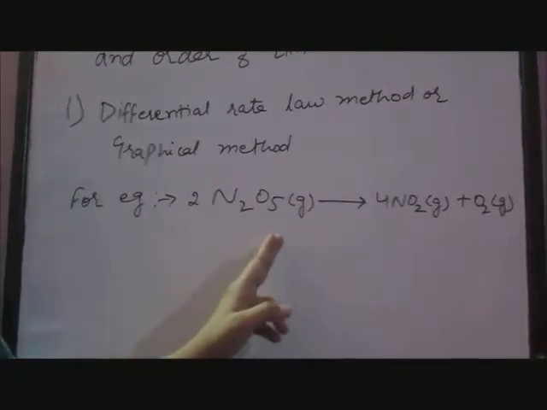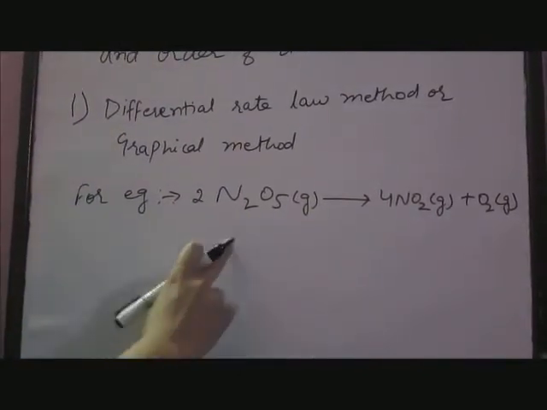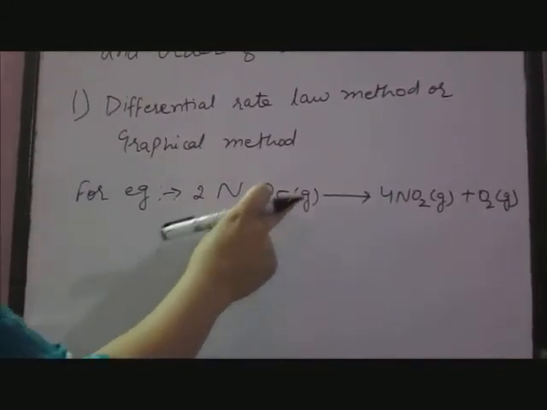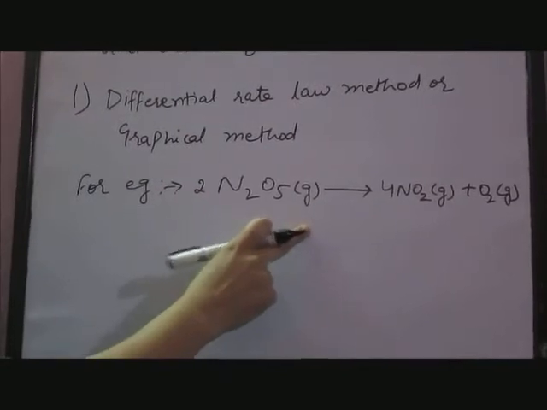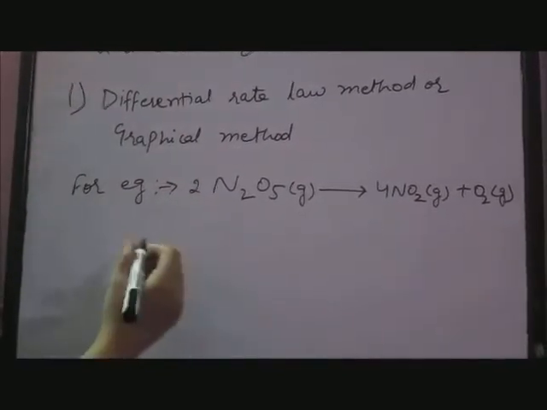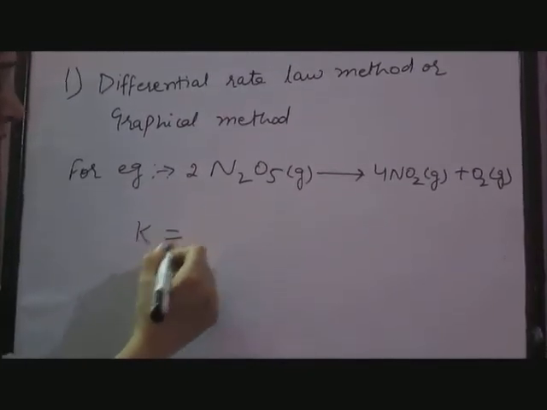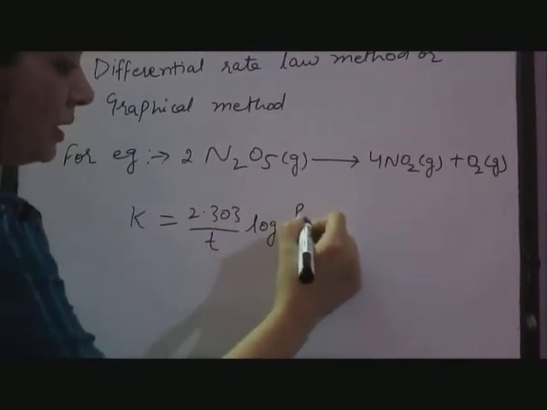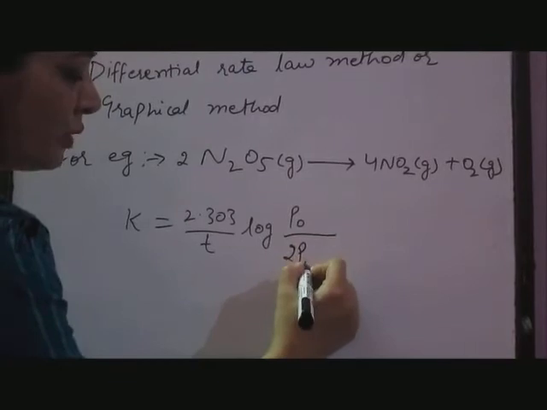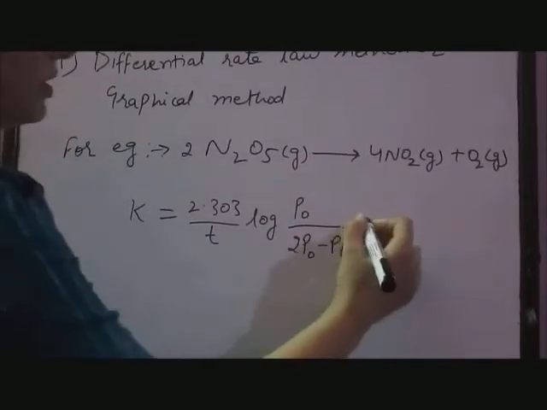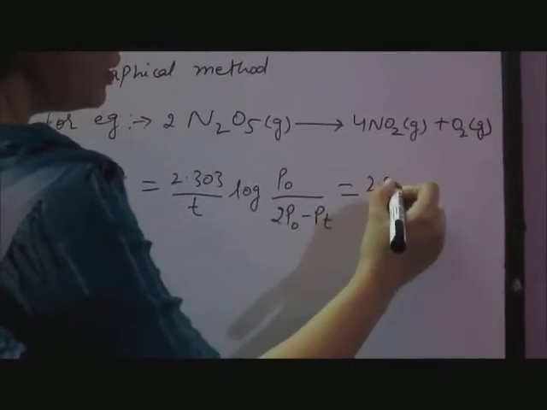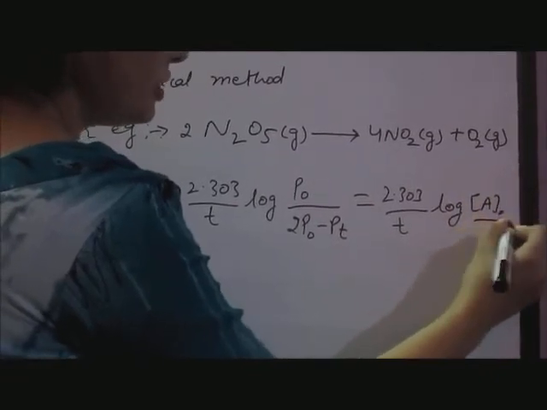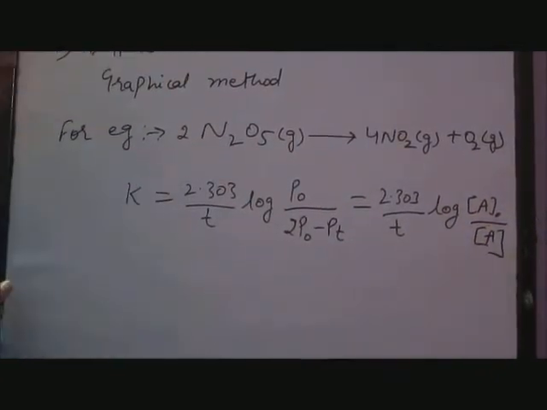The rate of this reaction can be measured in terms of partial pressure of N2O5, and molar concentration of N2O5 can be measured by the partial pressure of N2O5 by the relation K is equal to 2.303 upon t log P0 upon (2P0 minus Pt), which is equal to 2.303 upon t log initial concentration upon concentration at time t.